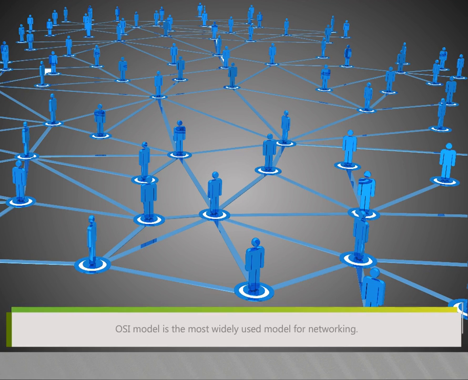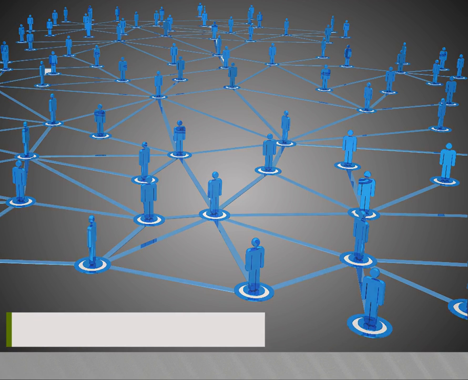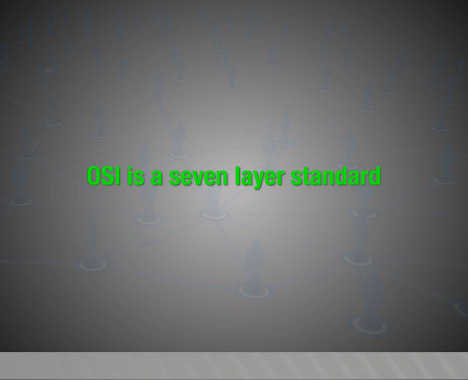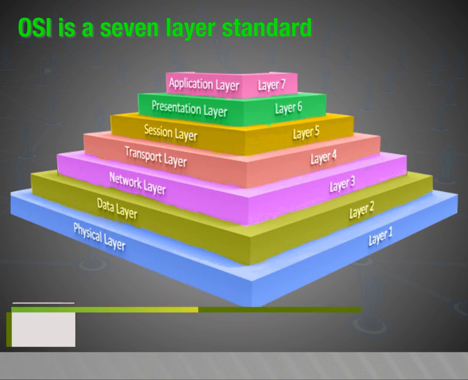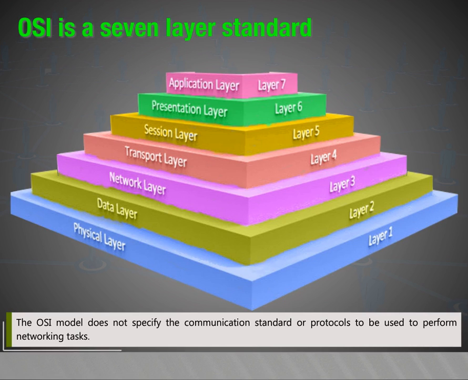The OSI model is the most widely used model for networking. OSI is a 7-layer standard. The OSI model does not specify the communication standard or protocols to be used to perform networking tasks.